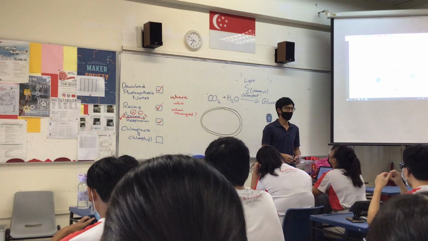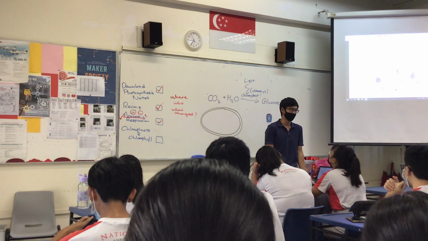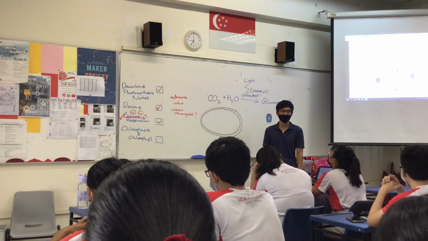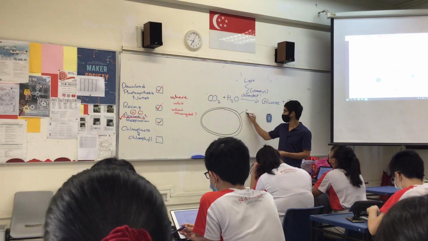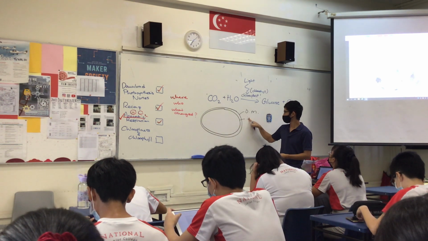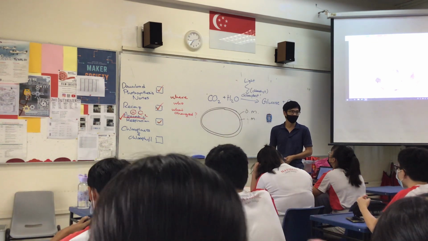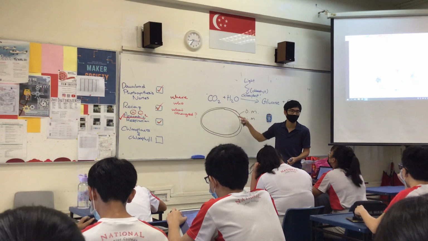We begin our topic of photosynthesis by looking at the structure of chloroplasts, just like what we did for mitochondria. The chloroplast is quite similar in that it has an outer membrane, and it has an inner membrane. But what makes chloroplasts different from mitochondria? Number one, you notice the inner membrane is not highly folded.